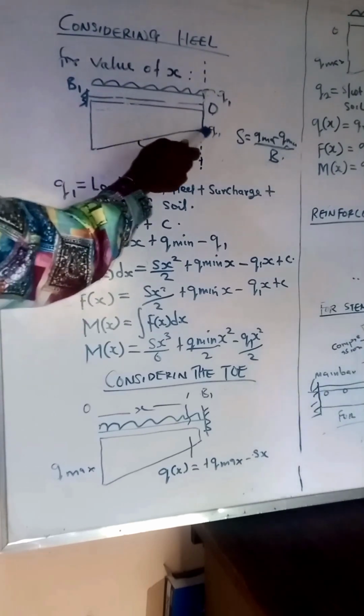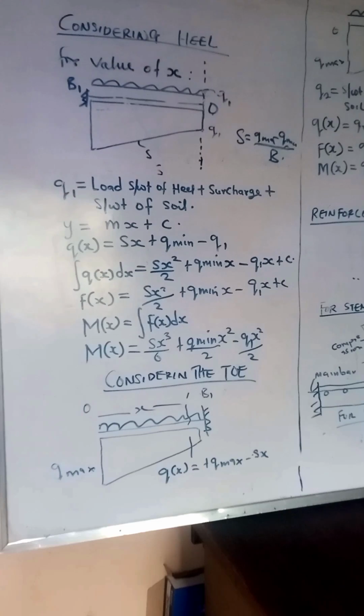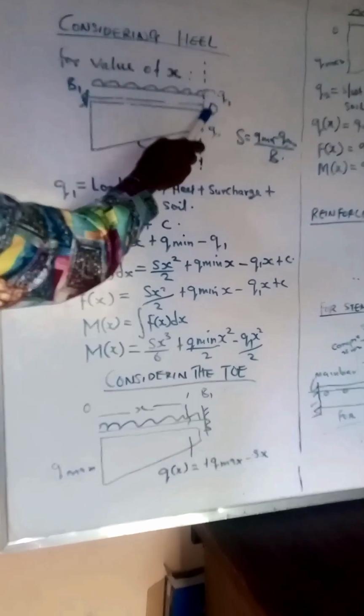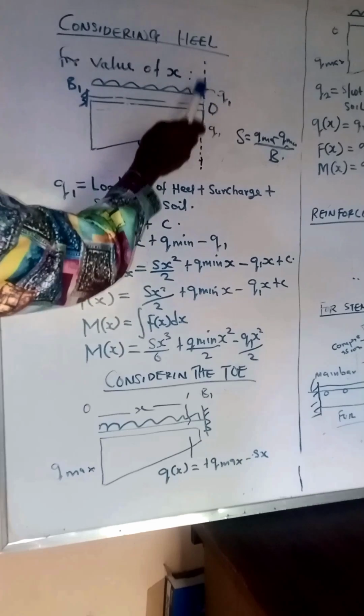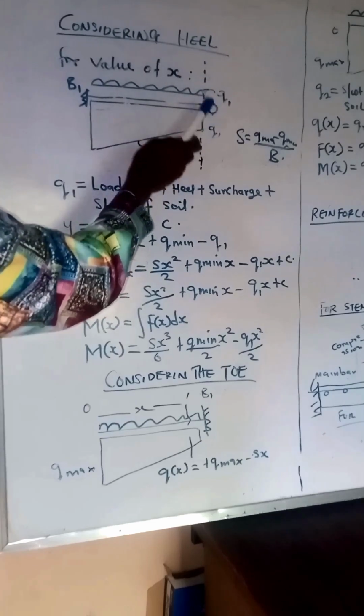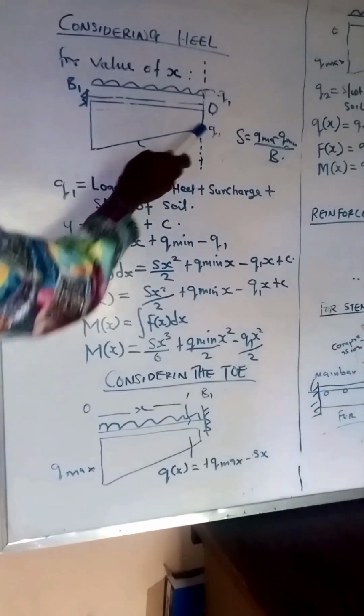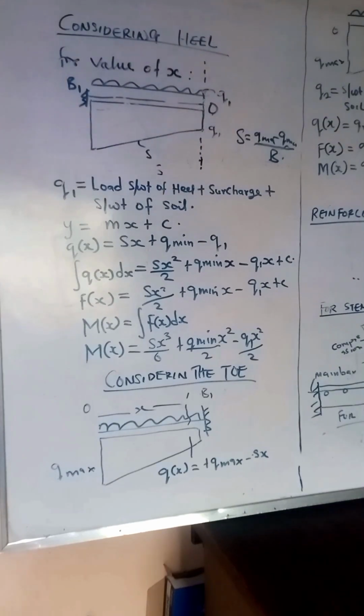Now we know that is a straight line, so we go by the equation of the straight line, which is y is equal to mx plus c. Now remember, this is the 0 point. We are moving down this way. When x is 0, we have our intercept to be Q minimum, from the initial diagram we drew.